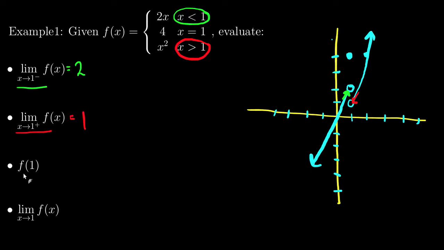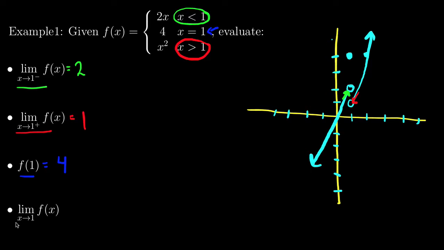At evaluating f of 1, this is where I actually care where x equals 1. And when x equals 1, the value is 4, so f of 1 is 4. And let's see, do I have another color? I guess I'll just go with this purple.